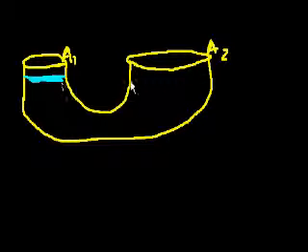Let's say the area of this opening is A1, and the area of this opening is A2, and this one is bigger. Let's fill this thing with some liquid, which will be blue.